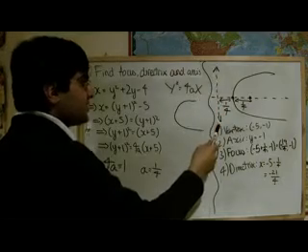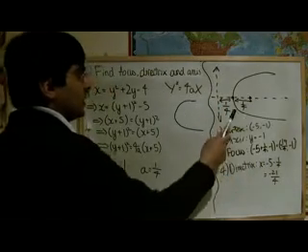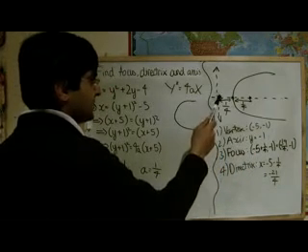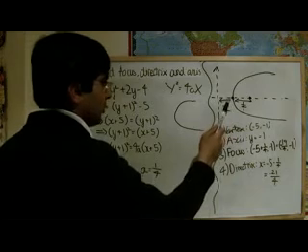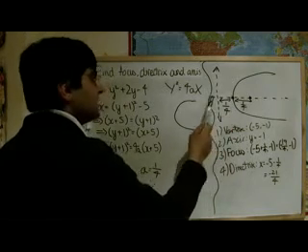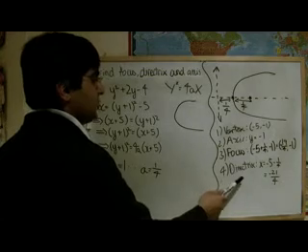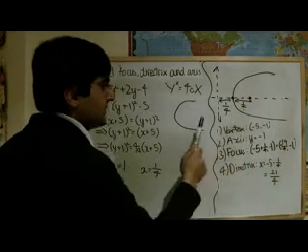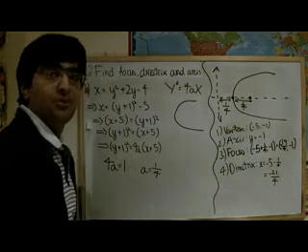It's vertical. So we know that the equation is going to be x equals something. We know the vertex is (minus 5, minus 1), and we know the directrix intersects a point that is 1/4 unit to the left of the vertex. Hence, the directrix's equation is going to be x equals minus 5 minus 1/4, because it's on the left-hand side, which is equal to minus 21 over 4.